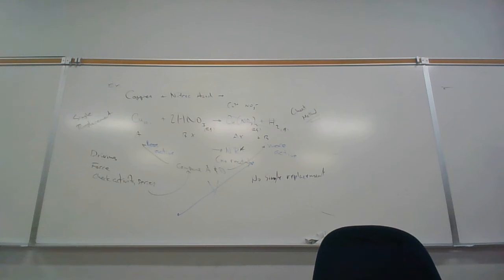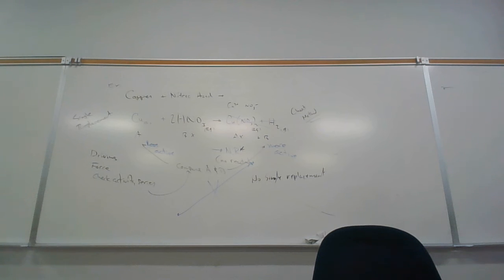In fact, fluorine is the most powerful oxidizer on the chart. Fluoride is the weakest reducer on the chart. It's conjugate. And so it's a seesaw relationship. If one side's powerful, the other side's got to be weak. Otherwise, it doesn't make sense. And if one side's weak, the other side must be powerful.